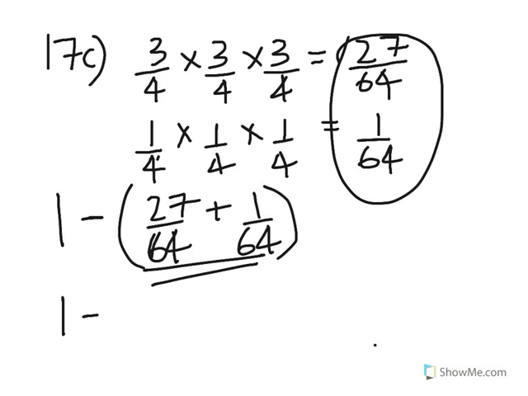So that makes it 1 minus 28 over 64, which is 9 over 16. And that's the probability of scoring exactly 1 or 2 goals.